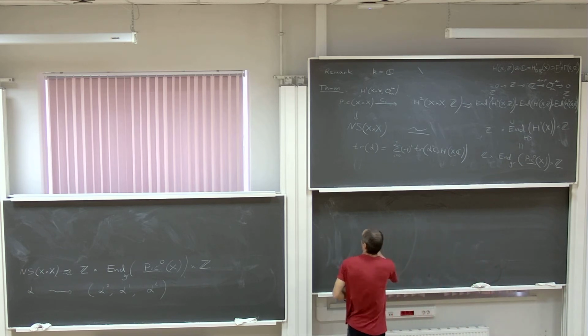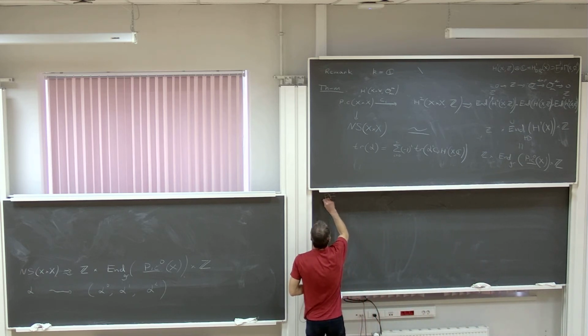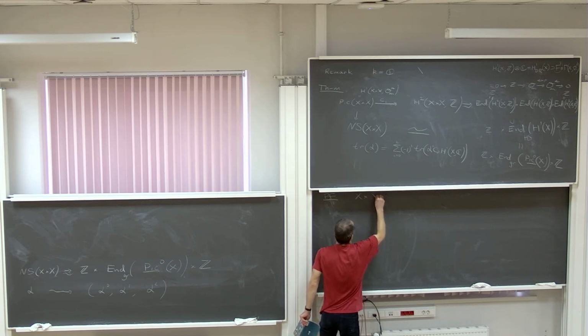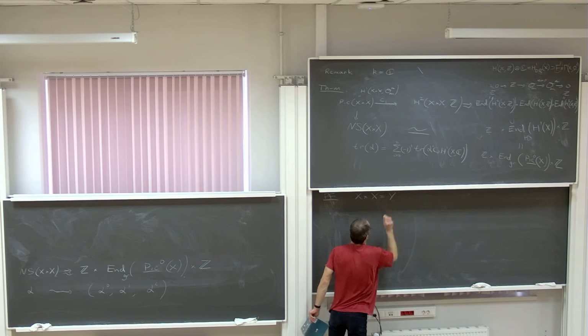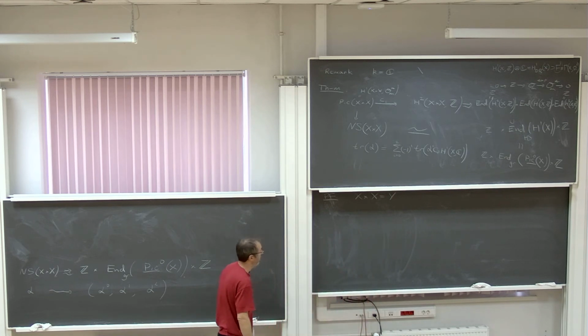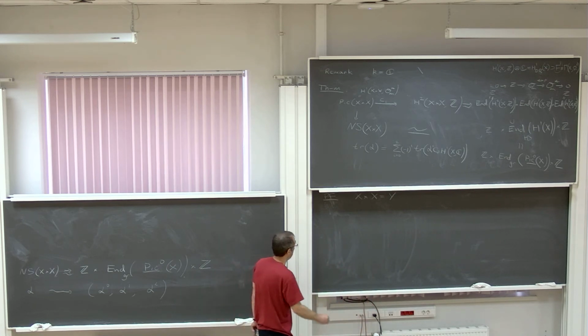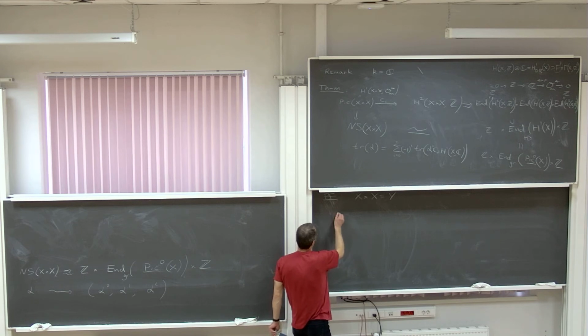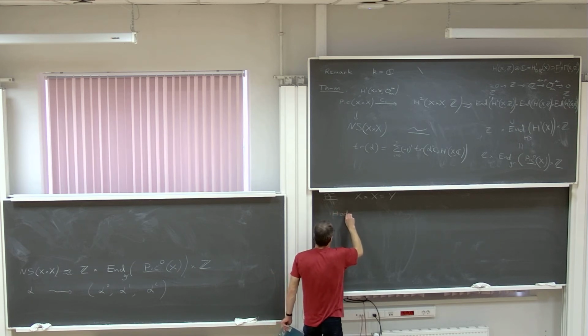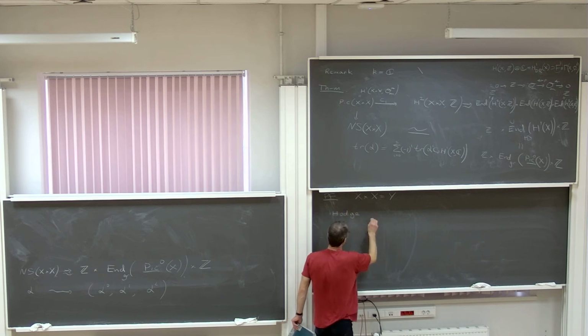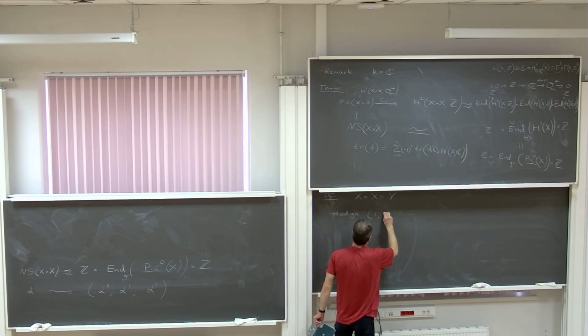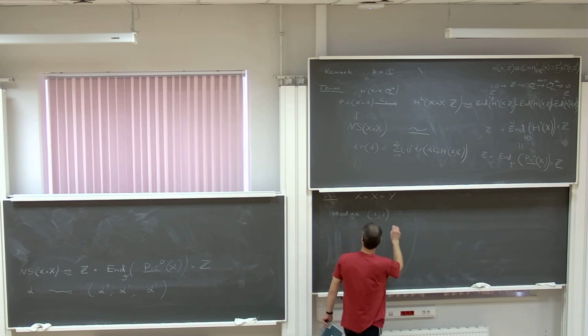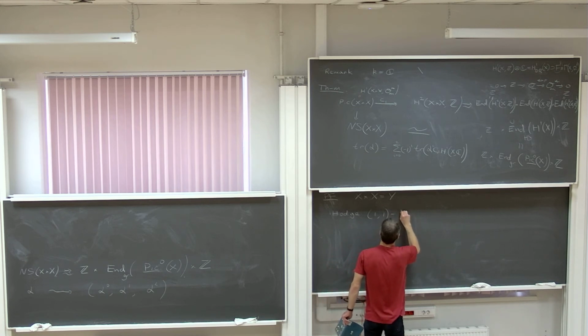So, proof. Let's give a name to x times x. This is Y. And now there is what's called the Hodge fundamental theorem in complex algebraic geometry. I will explain its proof. Hodge 1-1 theorem.